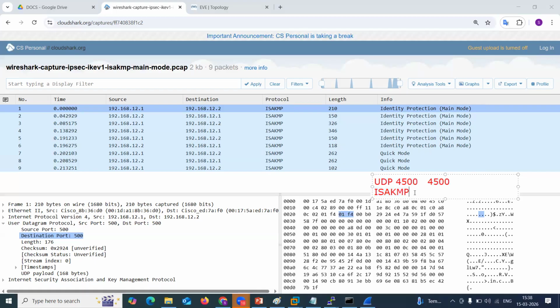Now why does it use that? For that we have to understand NAT-T.